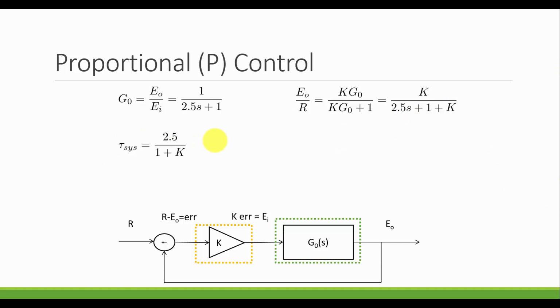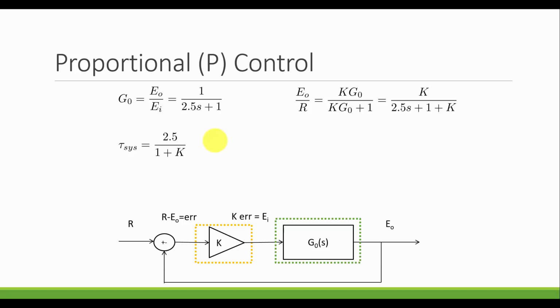So what does this let us do? From what we know about a first order system, the smaller tau is, the quicker generally we're going to get to our steady state value. And if the tau is bigger, it takes more time to get to our steady state value. So since we get to choose what the gain is in the system, how much we amplify the error, we get to choose this k.